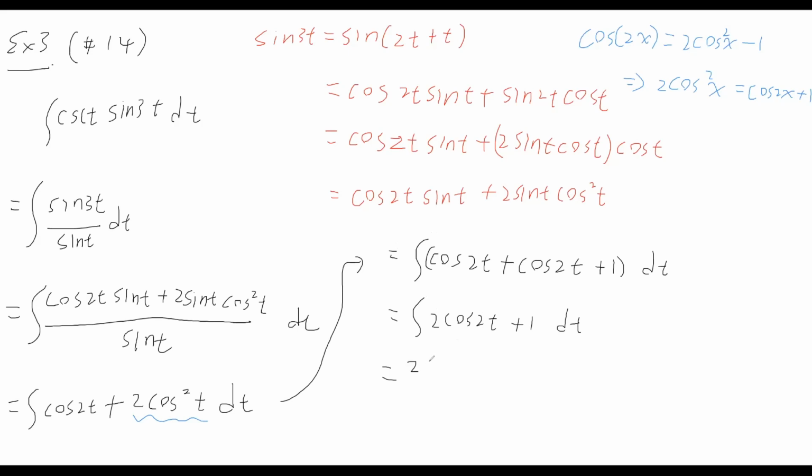So we have 2 sine 2t, but then we have to divide by the chain rule, which is dividing by 2, and then 1 will just be t plus c, right? And then the 2's are going to simplify out, leaving us just sine 2t plus t plus c.